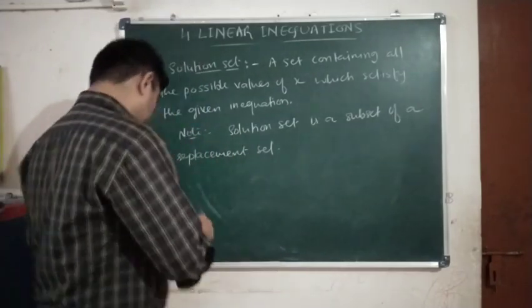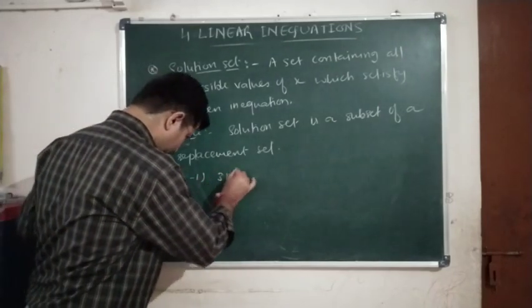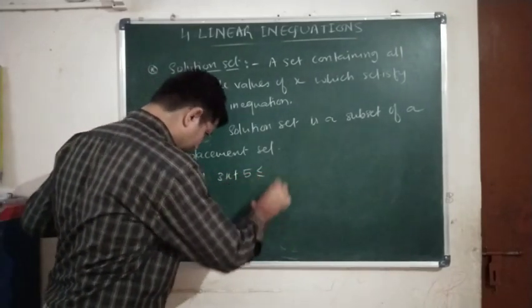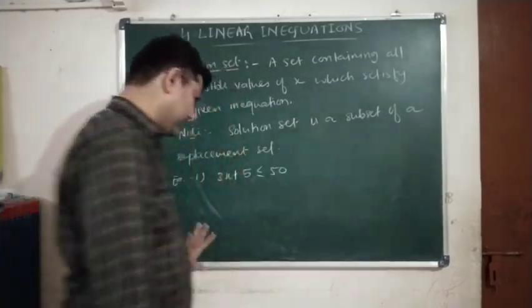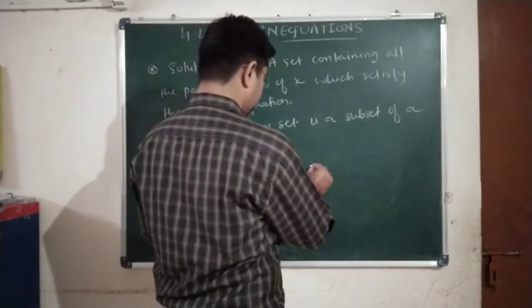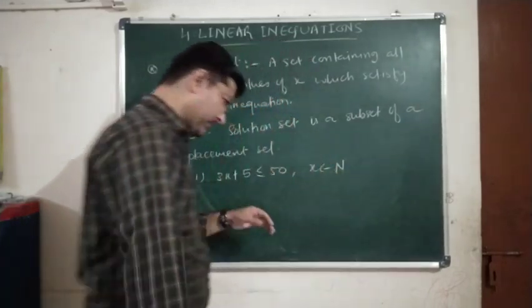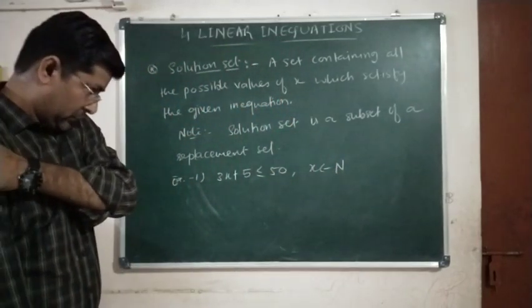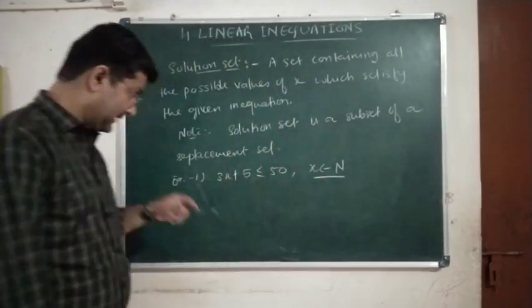Clear? So now for example, suppose we have 3x plus 5 less than or equal to 50. This is an inequation, okay, for x belongs to N. Clear? So obviously our replacement set in this case is N, the set of natural numbers.